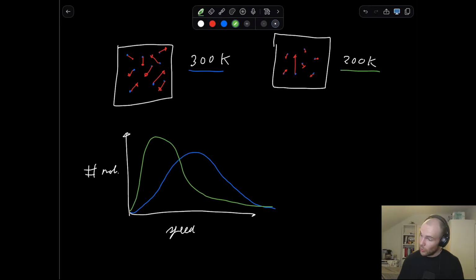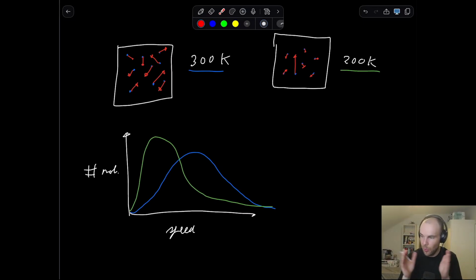Now, why is that? These look pretty normal to me. That's also what we want, because we want Gaussian distributions. The reason is that these two have to reflect each other, because we need the same total number of molecules. So the area has to be the same. If we have generally lower speeds, they are going to be centered around and taller, right?